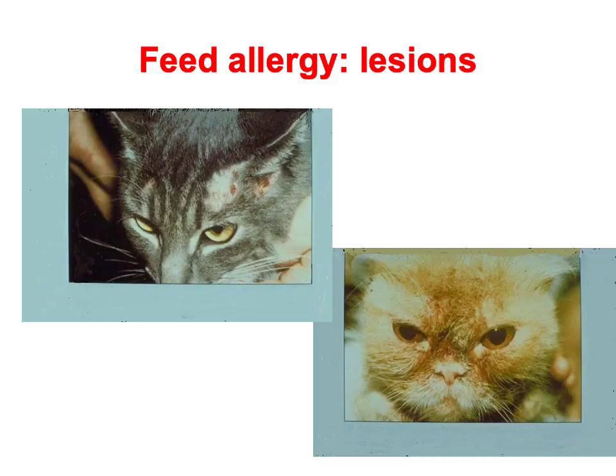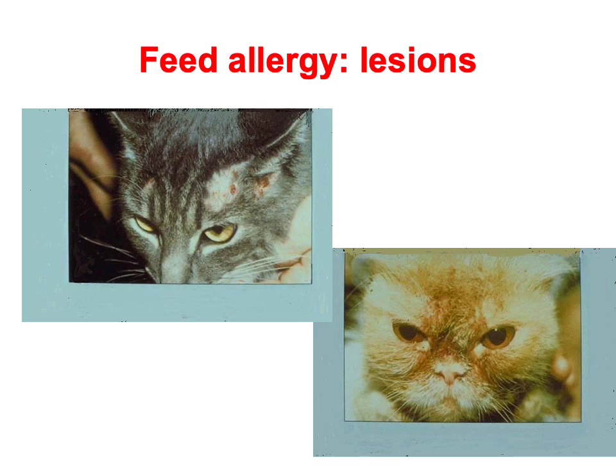The feed allergy will cause very typical lesions in dog and cat. In the dog, very typical is the previously shown abdominal and inguinal part, and the interdigital skin is very sensitive, irritable, and painful.